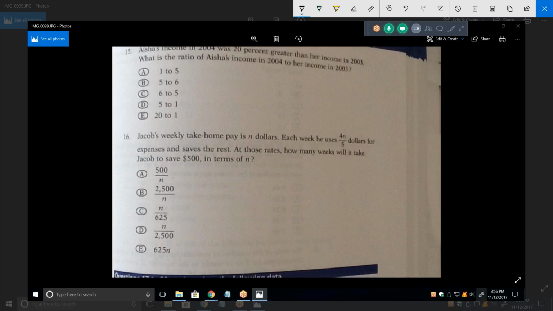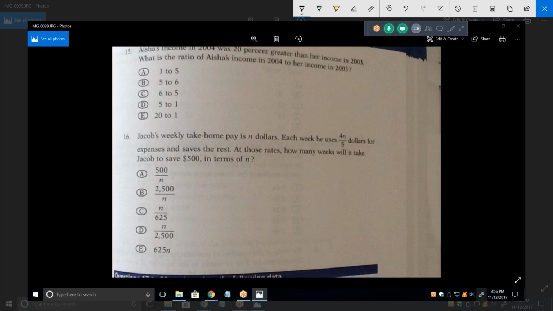The next problem is going to be similar. I'm looking at a variable in the paragraph and I'm looking at variables in the answers. That means I should be able to plug in any number I want for n and solve this problem. Whenever you see that, think about that solution.